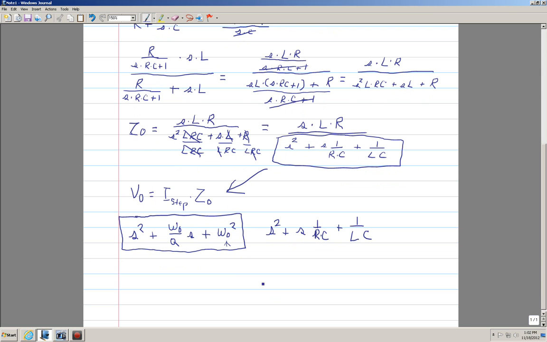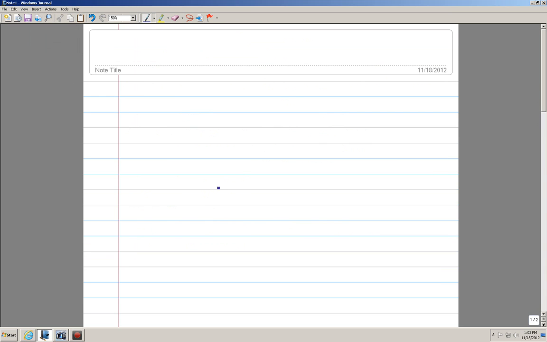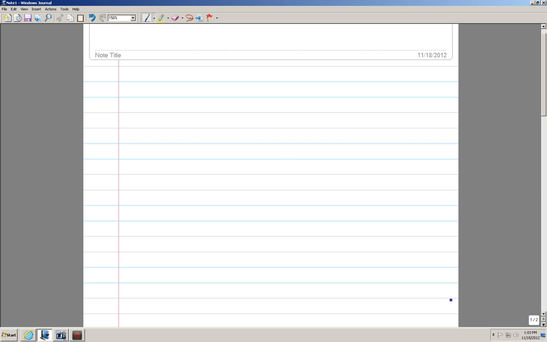So once you have your equation, let's see if I can add... how do we insert a new page? Still trying to figure out how to use this.